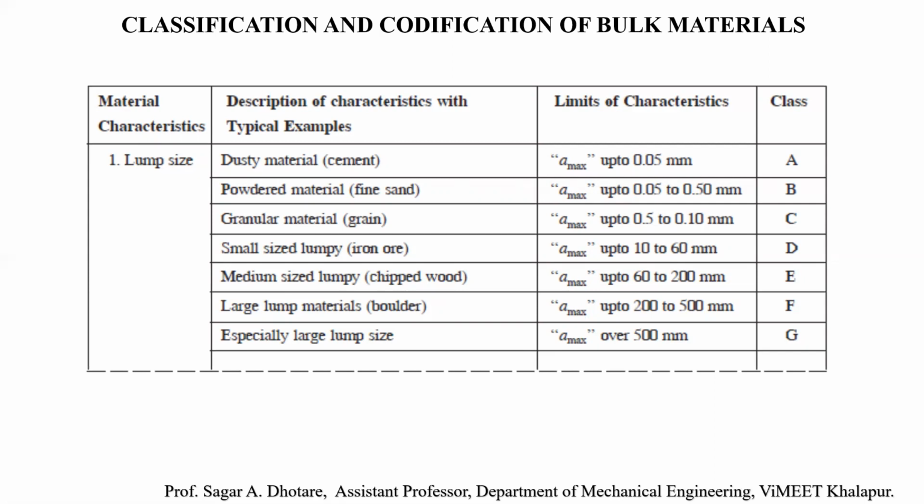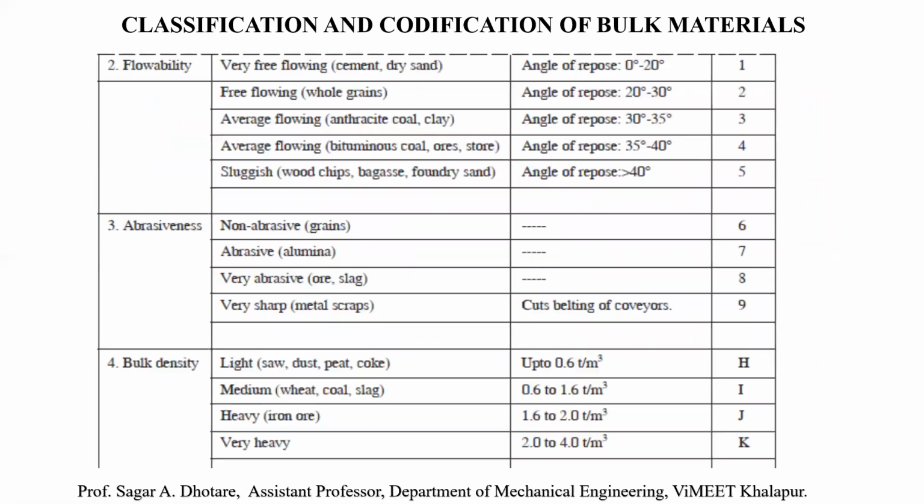So you have to choose a particular class to specify the lump size. If we are using granules, then the lump size class should be C. If the grain size is greater than 0.01 mm, then it should be given class D. So carefully we have to select the class. Then flowability also depends on the angle of repose and the average flow of different types of materials, between 1 to 5.